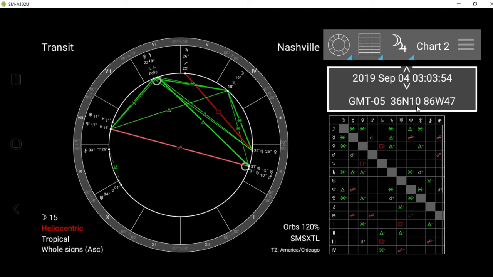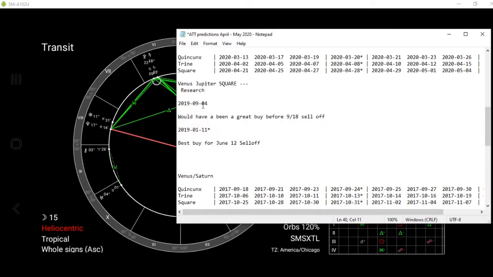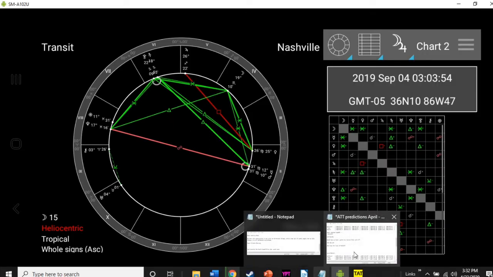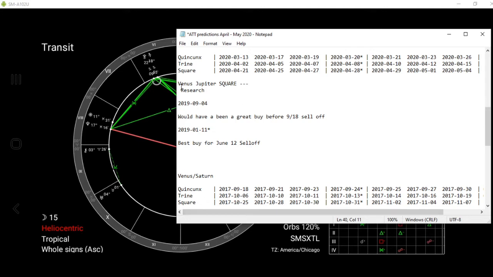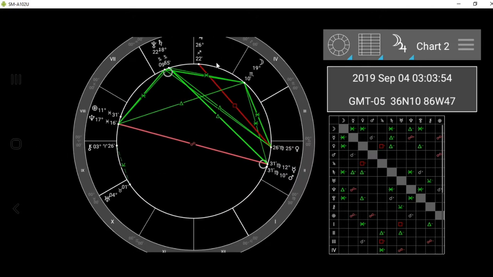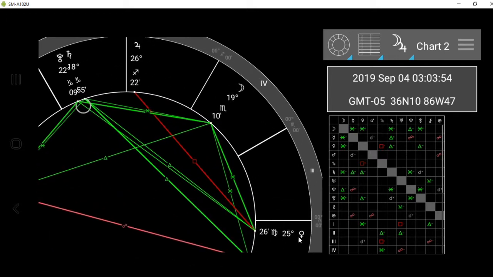I might have to go airplane mode real quick, because I'm going to get real distracted otherwise. And the aspect we were looking at is the Venus-Jupiter square. This is the sun chart, you can see heliocentric is set. Venus is here, Jupiter is here.